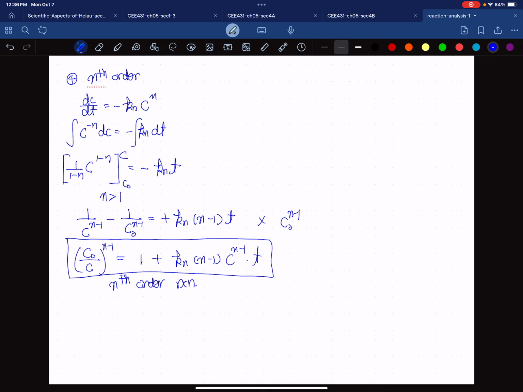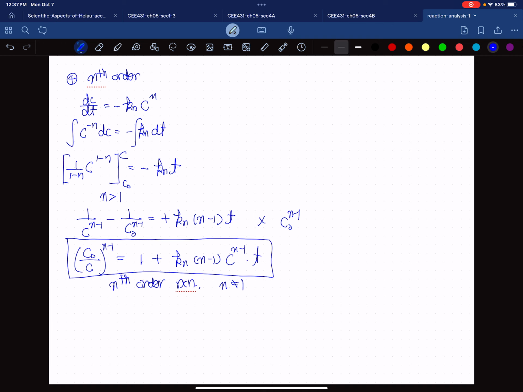So you could actually generalize it. In this case, it is better not to use the earlier first order form for n not equal to 1. If n is not equal to 1, then you could use this, and you could determine the n value and also the reaction constant.